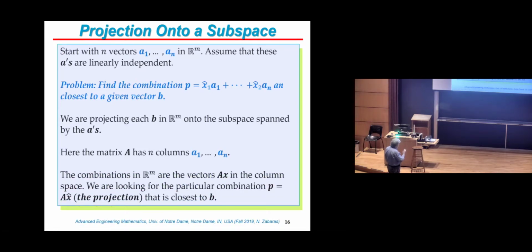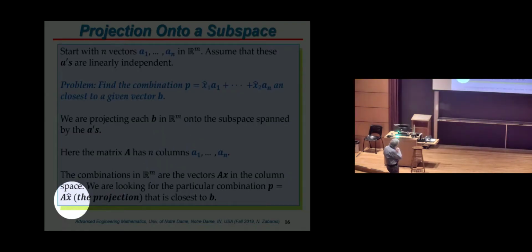You remember every point on the column space is, by definition, a linear combination of the column vectors, A1 to AN. So when I do the orthogonal projection, I am looking for a vector x hat that defines A x hat.